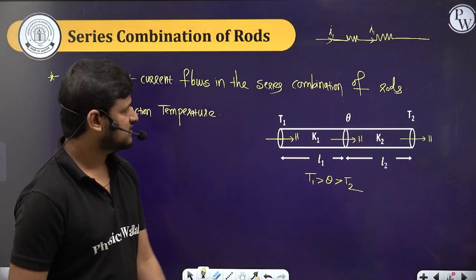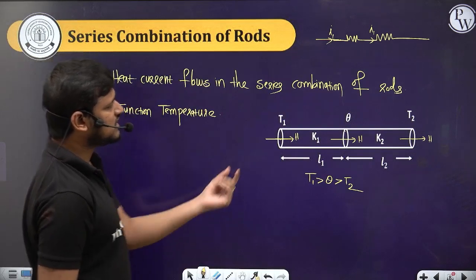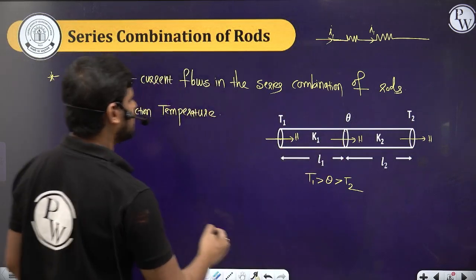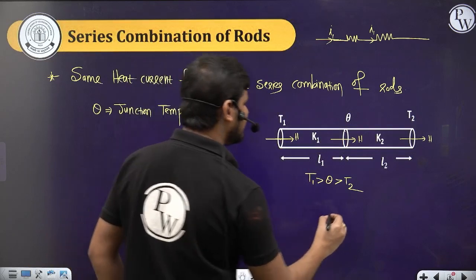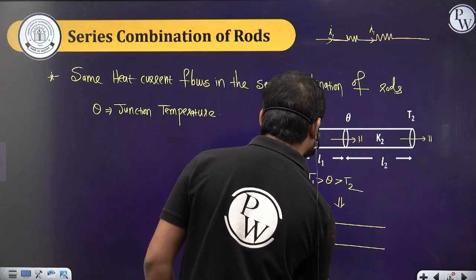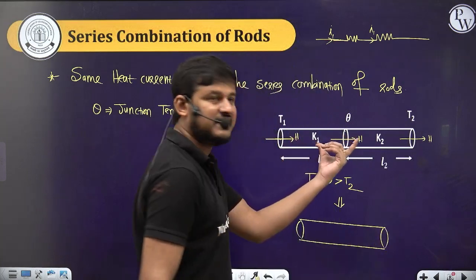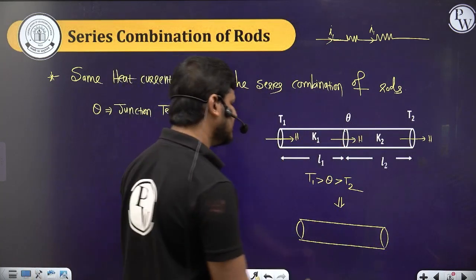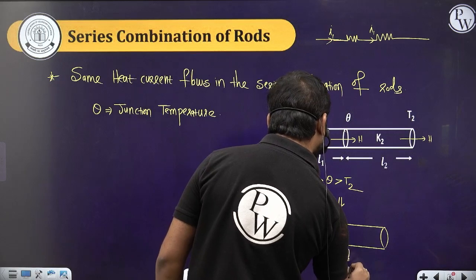Done this part? Now, what is the heat flow here in the first one? Let me write the equivalent of this rod, that means the composite rod combined. The composite rod length is L1 plus L2.